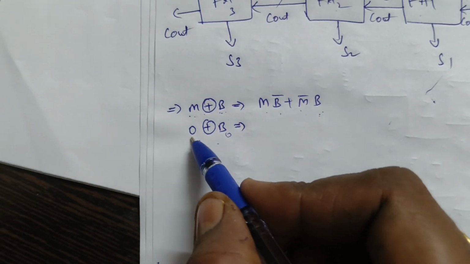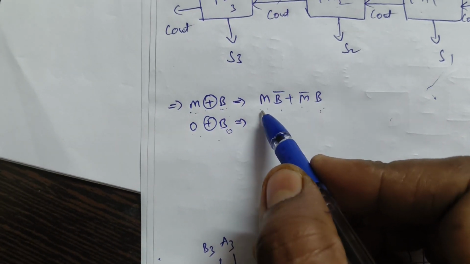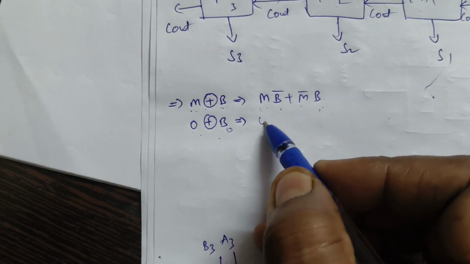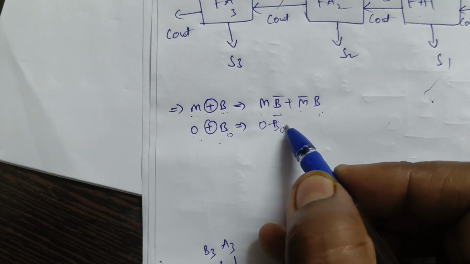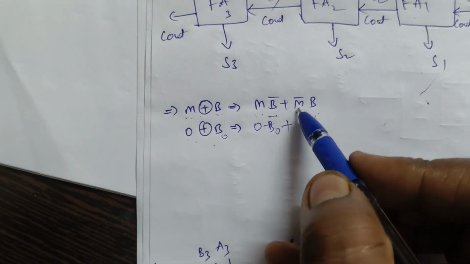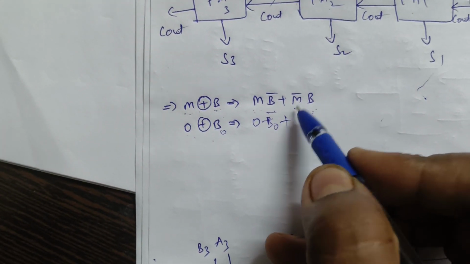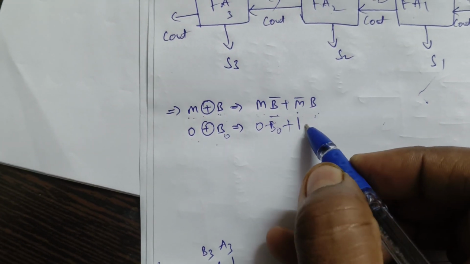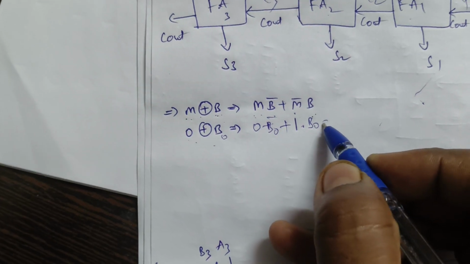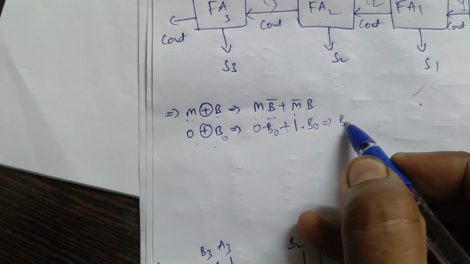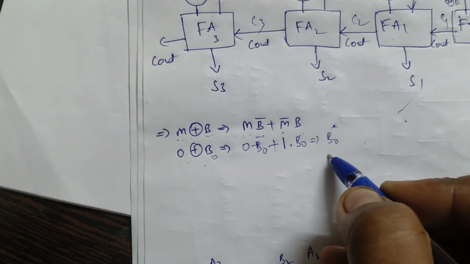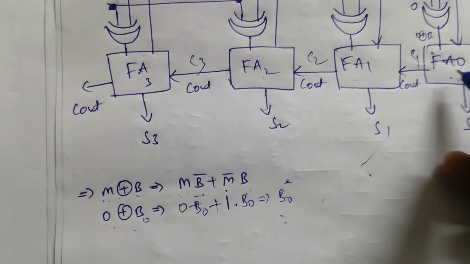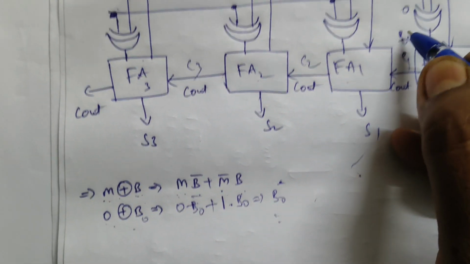M into B bar: here M is 0, so with B naught bar it is 0. Similarly M bar into B: here M is 0, its complement is 1, into B naught bit, so it is B naught. So for the first full adder we are getting the output as B naught.